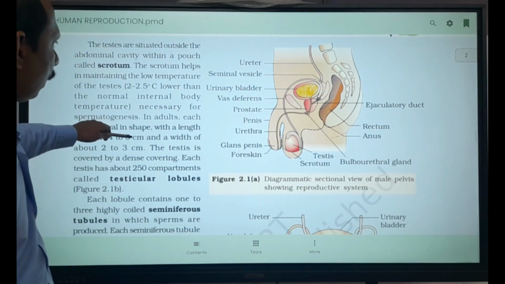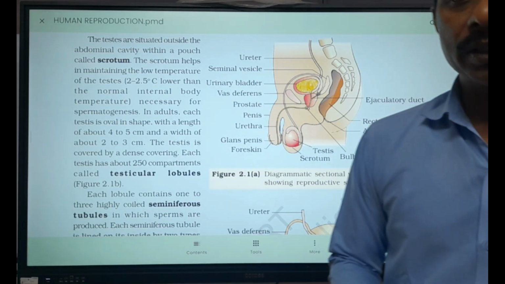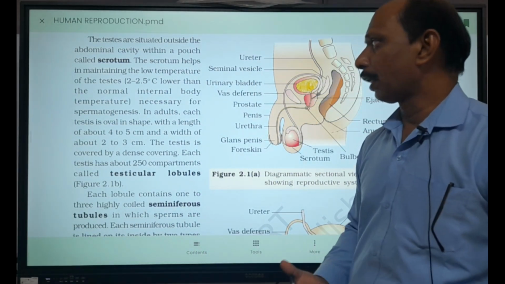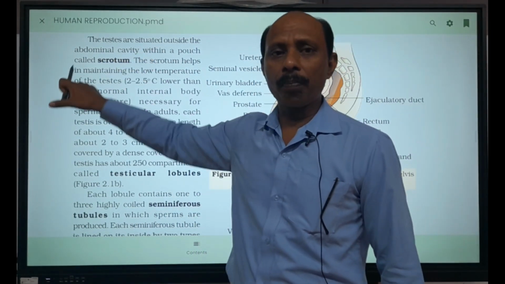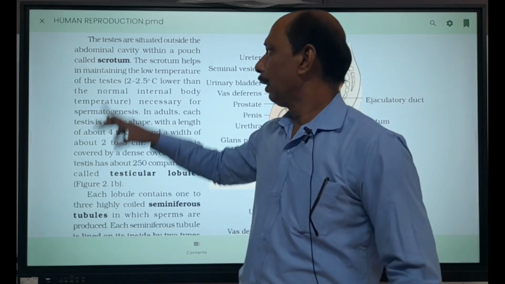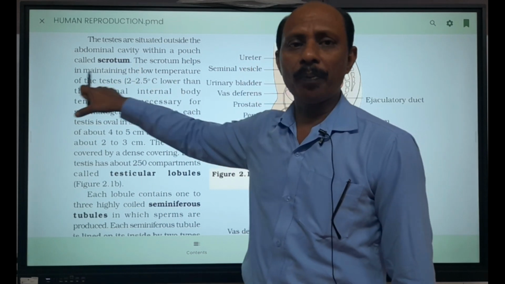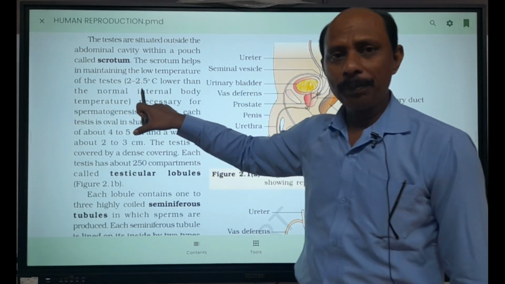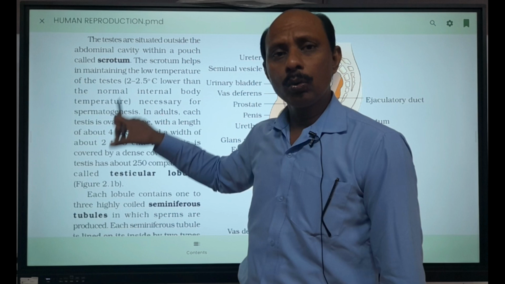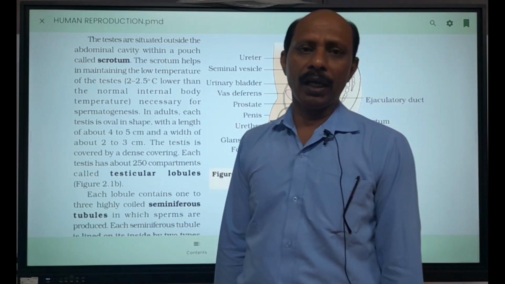The testes are situated outside the abdominal cavity, in a pouch called the scrotal sac or scrotum. The scrotum helps in maintaining the low temperature of the testis, 2 to 2.5 degrees Celsius lesser than the body temperature.